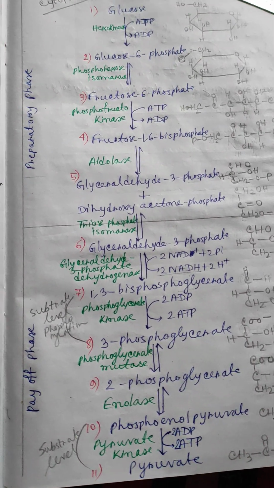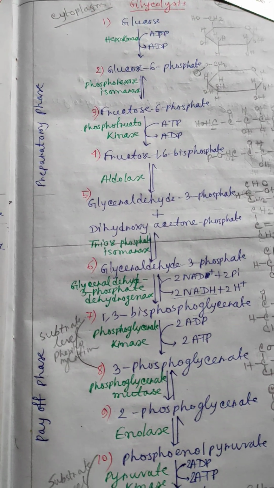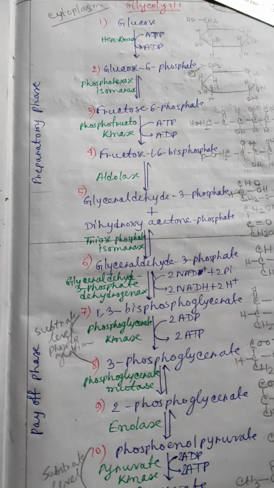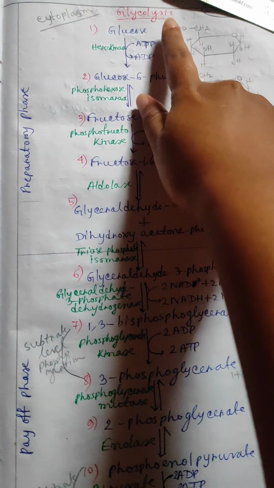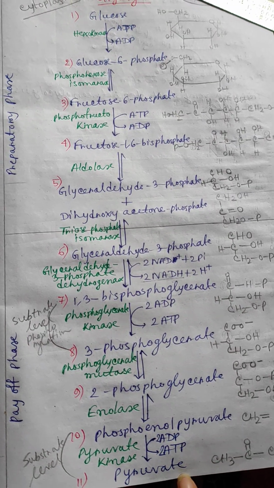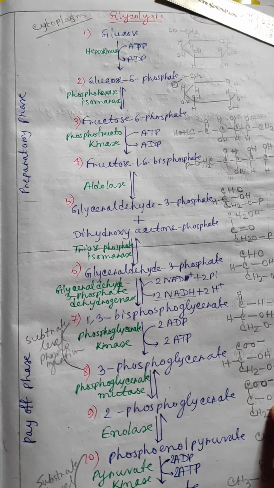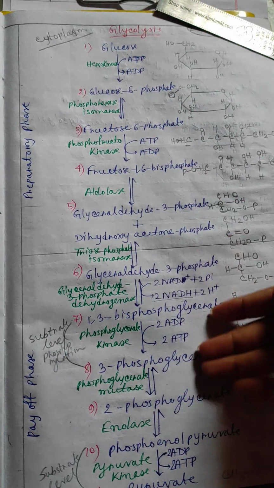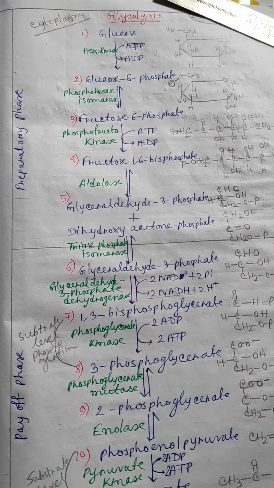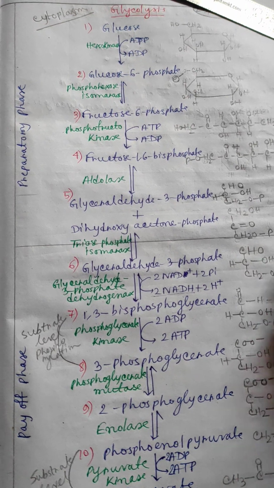This question can also be asked: describe the formation of pyruvic acid in anaerobic cell. This is also described by the glycolysis process. Here pyruvic acid or pyruvate is produced, and these are the chemical reactions of glycolysis, and by these enzymes and ATP and NADPH, this glycolysis process is regulated.